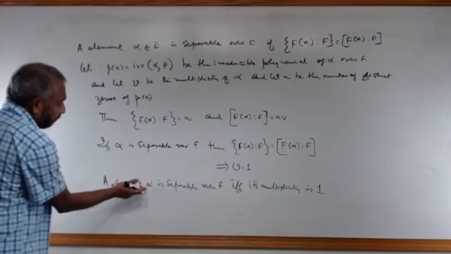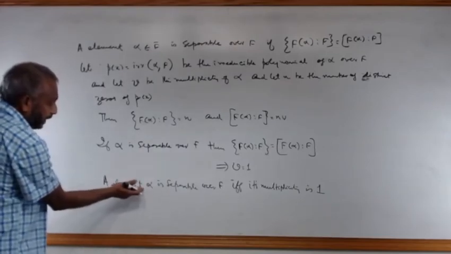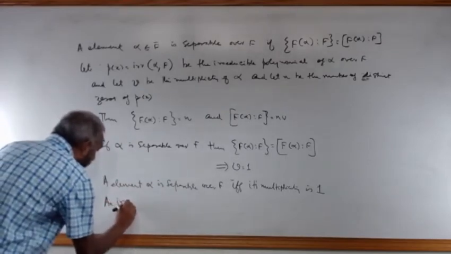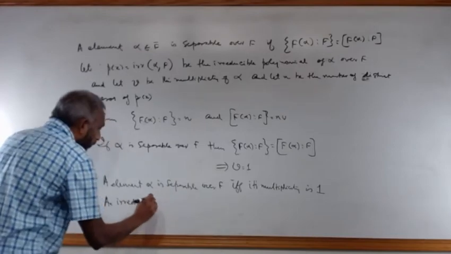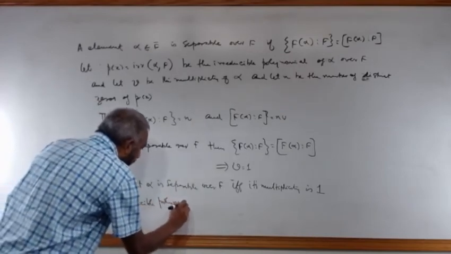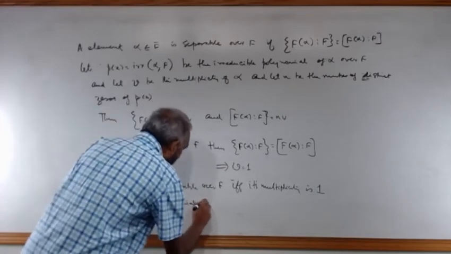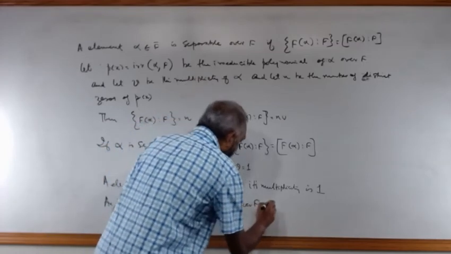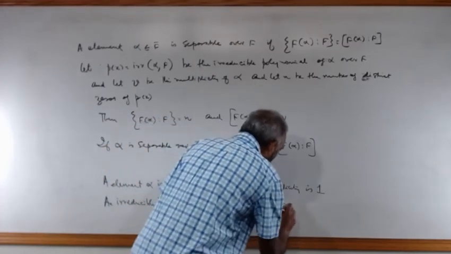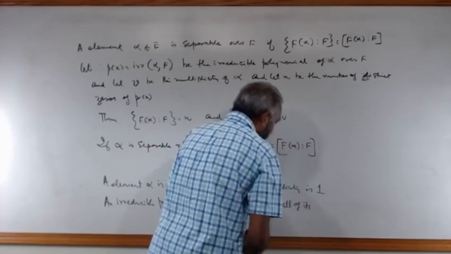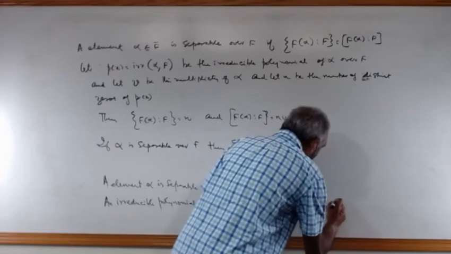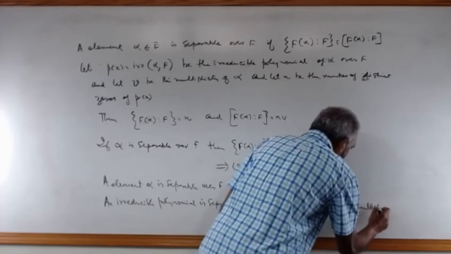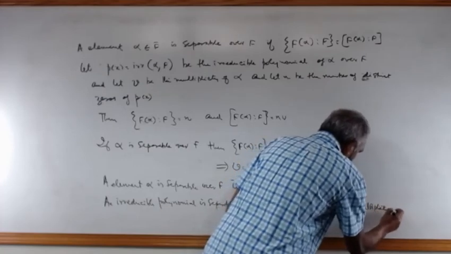Similarly, if you extend this condition to an irreducible polynomial, an irreducible polynomial is separable over F if and only if all of its zeros have a multiplicity equal to 1.